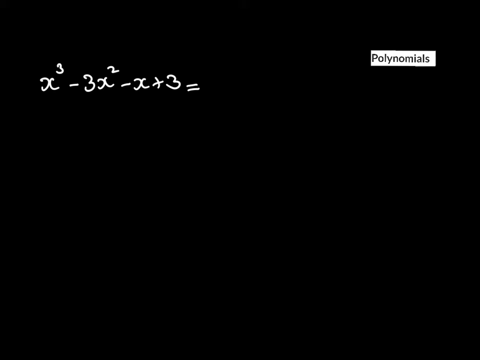So we can write our cubic polynomial x cubed minus 3x squared minus x plus 3 as equal to x minus 1 times x squared minus 2x minus 3.